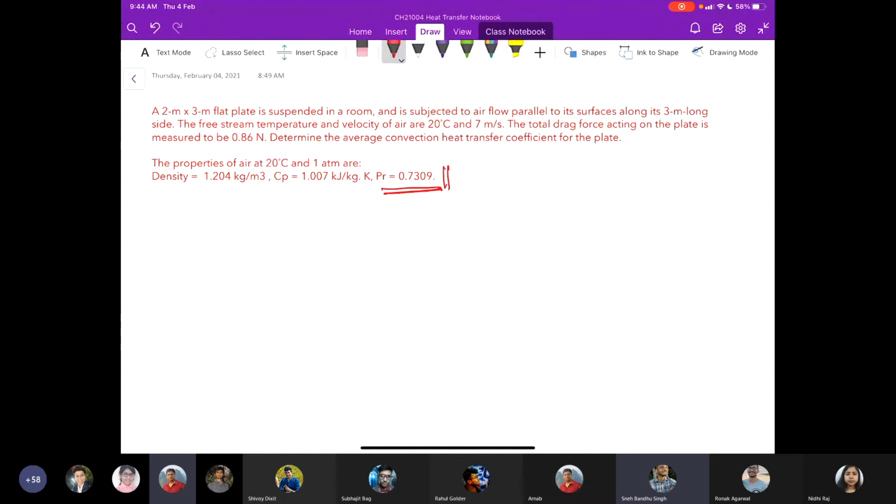No, free stream velocity. Yeah. So in order to find this tau, or say the skin friction coefficient, I hope you remember how to calculate this thing.